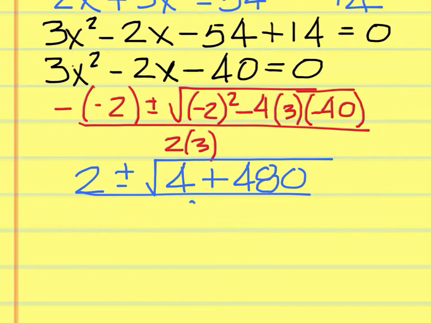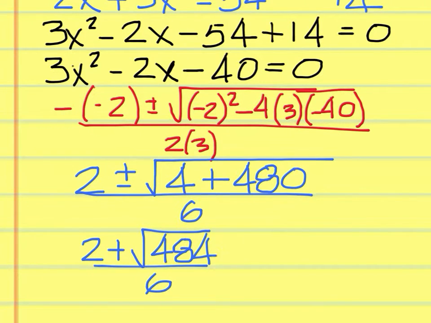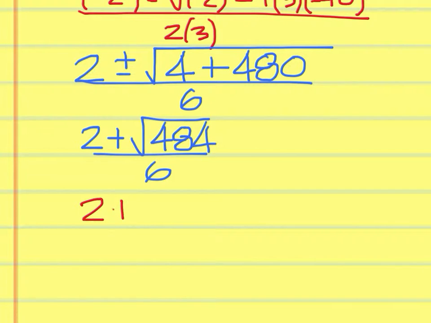If you add 4 and 480, you get 484, which just happens to be a perfect square. The square root is 22.